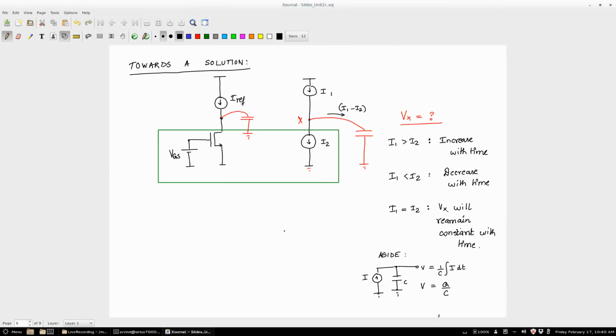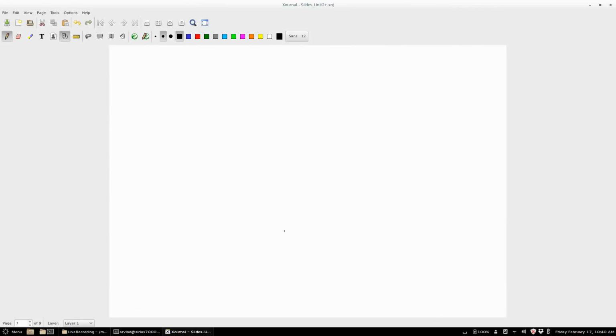Say now that I want a current of I ref to flow here. Okay, I want some reference current to flow through this device. So, maybe let me just go to the next page.